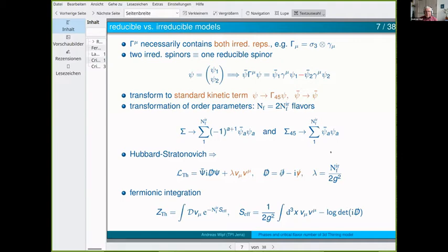Okay, the rest is again standard. We get rid of the four-fermion term by a Hubbard-Stratonovich transformation, introducing a vector field. And in the following, lambda is essentially 1 over g squared. So strong coupling means small lambda and vice versa. Then we can integrate, or we can try to integrate over the fermions. And we get this effective action containing the fermionic determinant, and which contains the vector field.